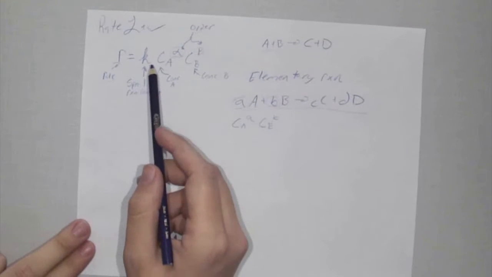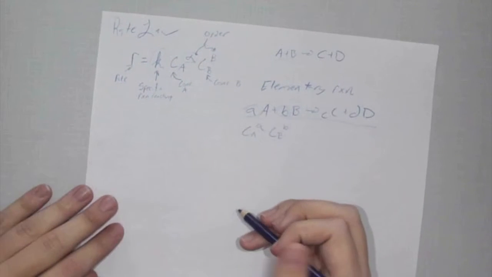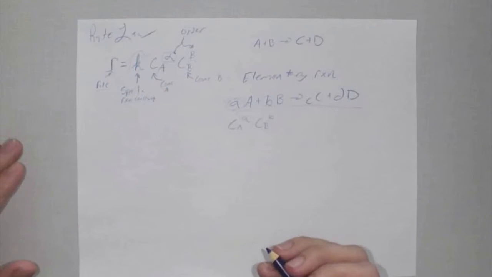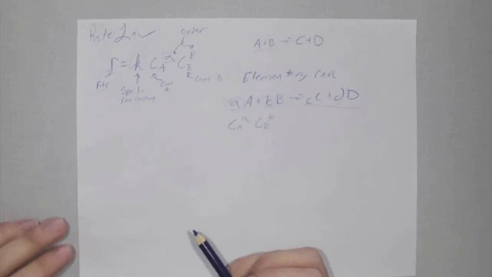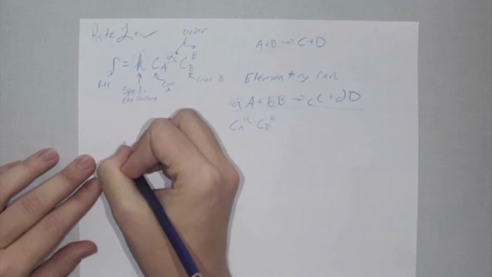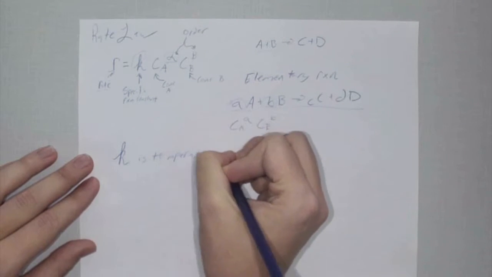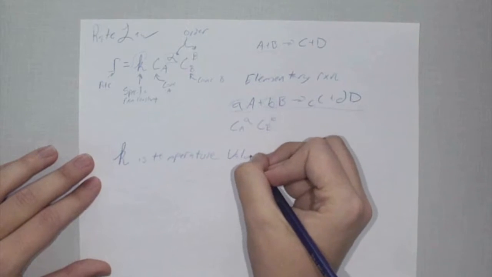So how about this last part we haven't talked about, K? Well, K is what's known as our specific reaction constant, and K is specific to each individual reaction. So K can change to any number based on the reaction and based on the temperature. And that's one of the things that makes K very unique. K is temperature dependent. So due to this, we'll often need to change our K values if we are running at different temperatures for our reactions.